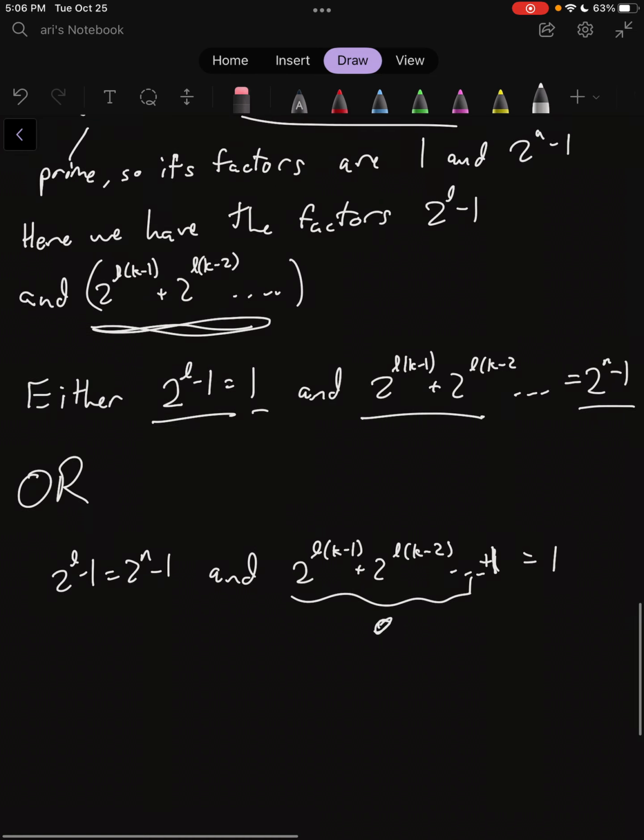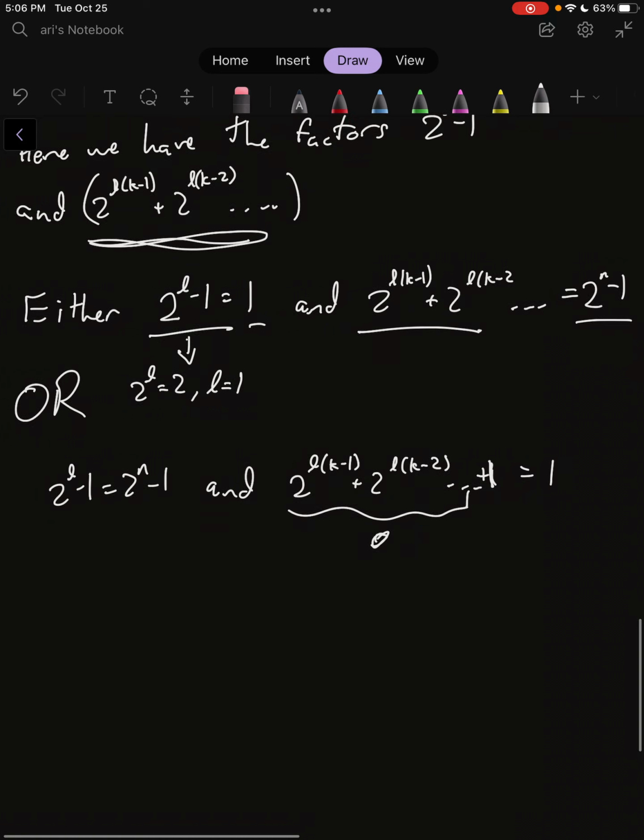Let's talk about it. So I'm going to choose to just explore the expression 2^L - 1 because it's just a lot simpler to work with. This first expression implies that 2^L equals 2, which means that L equals 1, right? 2 to the power of 1 is the only power that will keep it equal to 2. And, okay, that's interesting.